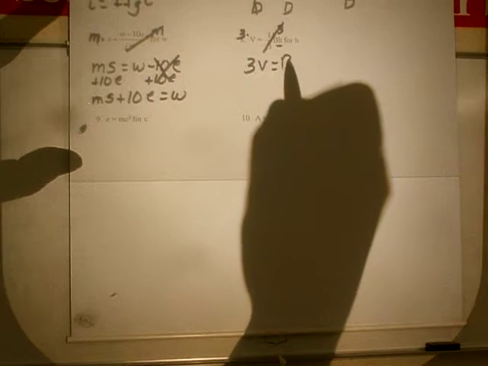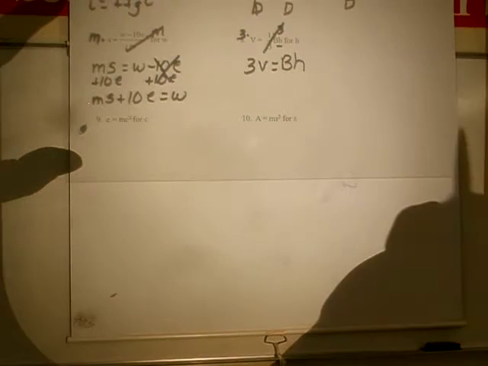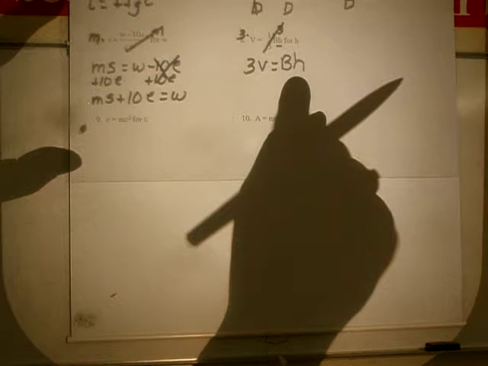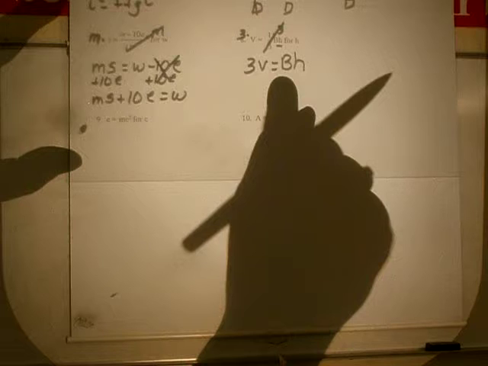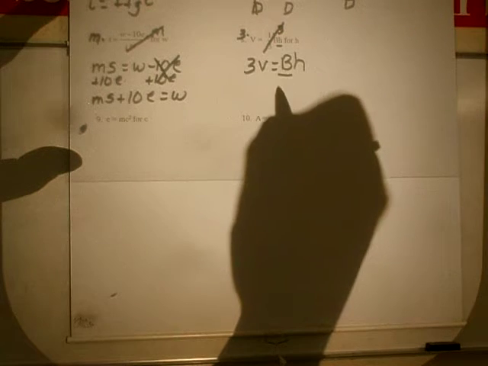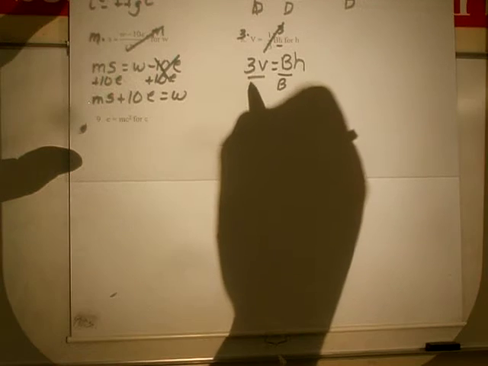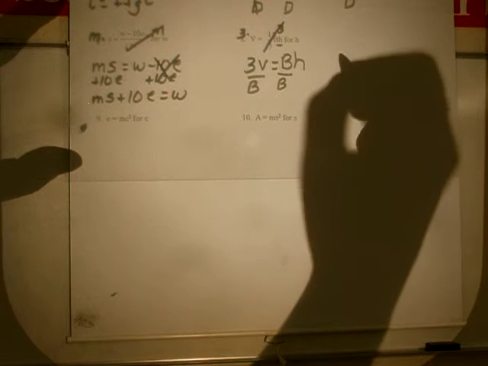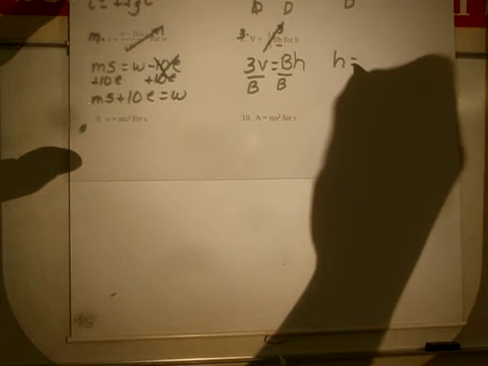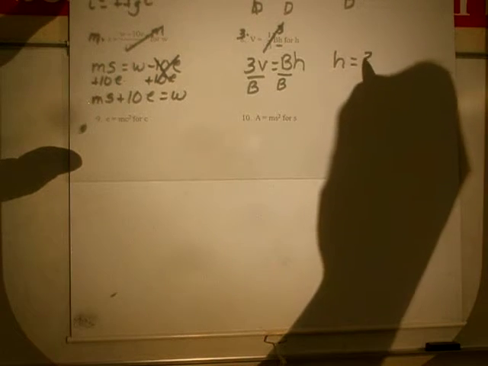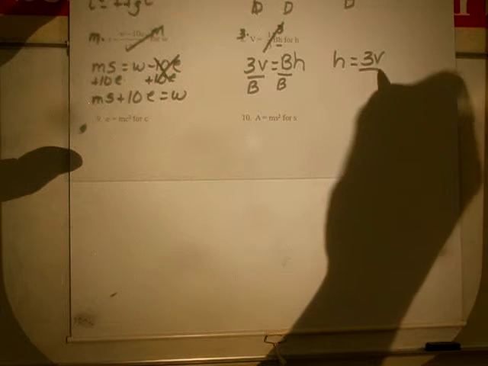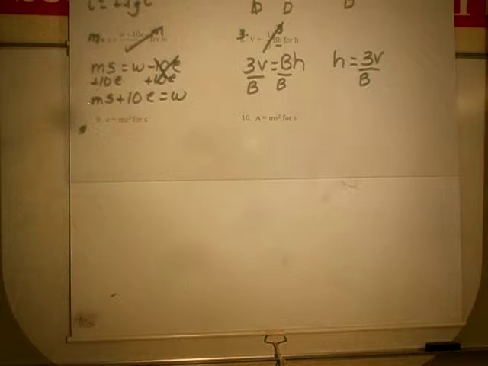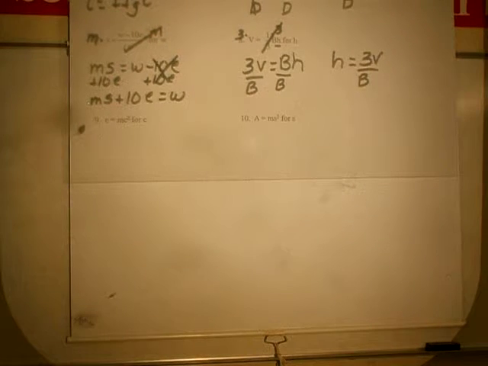On the right-hand side, we have b times h. Our goal is to get the h by itself. So to get rid of this b, we are going to divide both sides by b. And your final answer then is h is 3v over b.